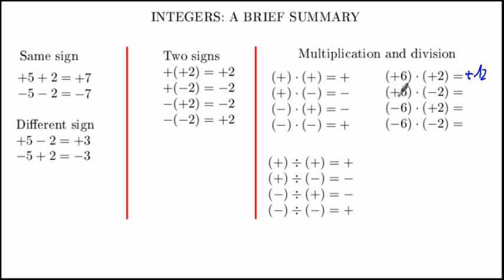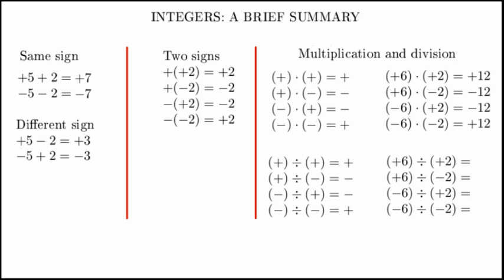Second case, plus 6 times minus 2, the result is minus, and 6 times 2 is 12. And for the rest it is the same. We have to take into account the signs.